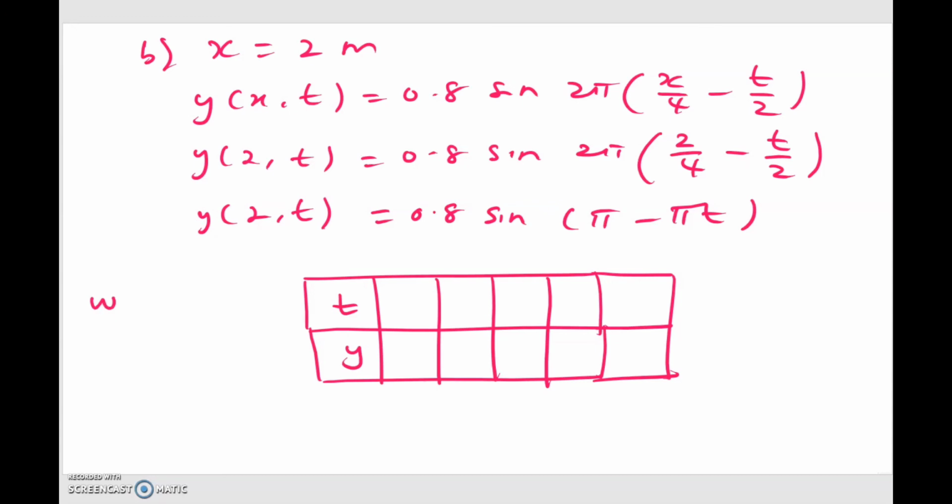We have omega is equal to 2 pi over T, and we know that our omega is pi radian per second, so 2 pi over T. So then you have your T is 2 seconds. So here your T is 2 seconds. Okay, so you have 0, 1. So this one is 0.5 and 1.5.